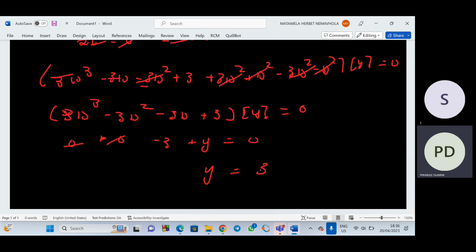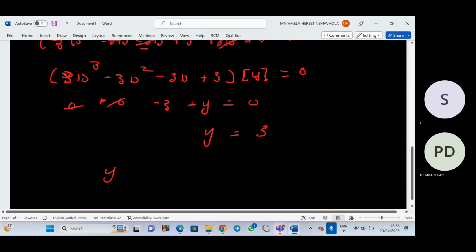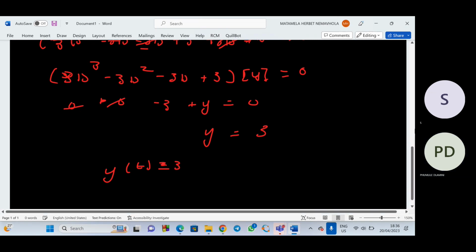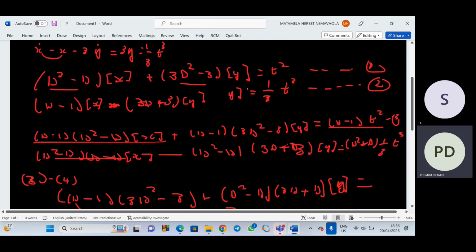So we got y of t. Our y of t equals 3. When we get our y of t equals 3, then we can substitute in one of these equations, in equation 1.